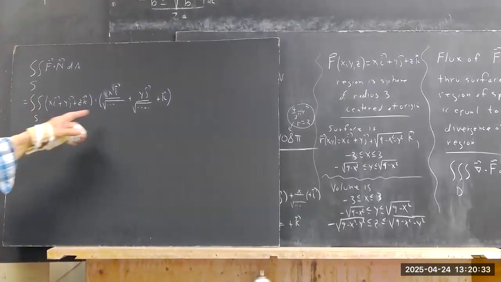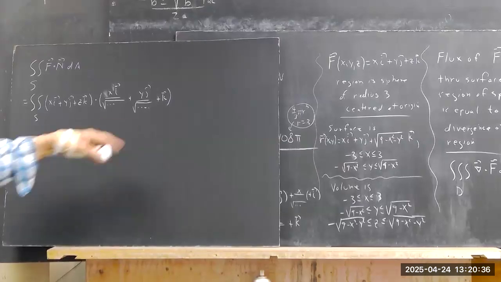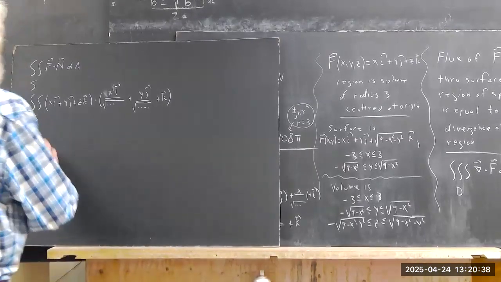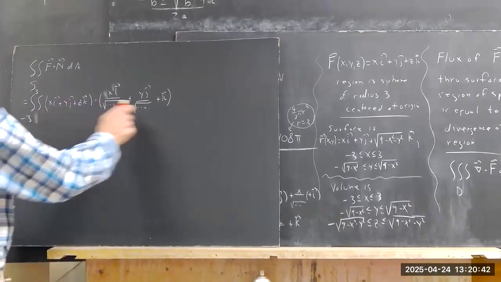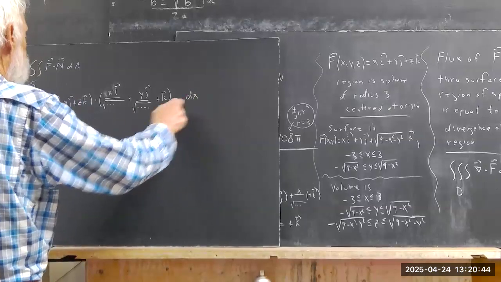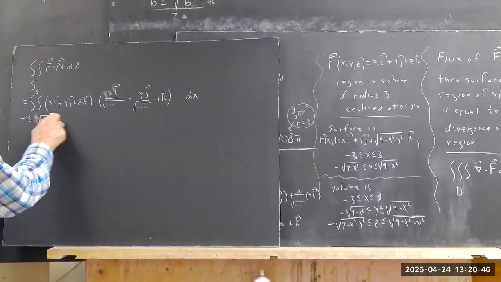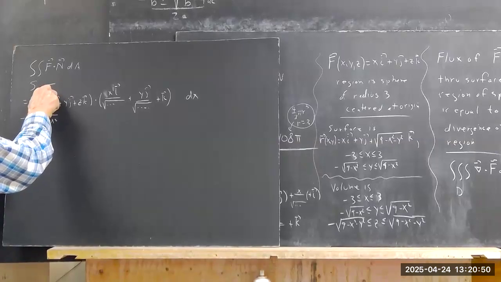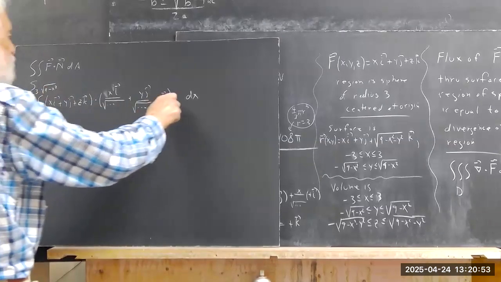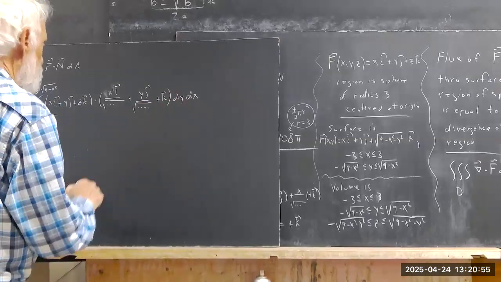So we're going to integrate this with respect to x and y, from -3 to 3 with respect to x, and from negative square root of 9 minus x squared to square root of 9 minus x squared, dy.